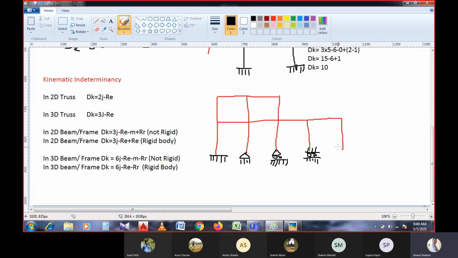And again at this time we'll consider this kind of support. So can you people calculate the DK value for this frame?